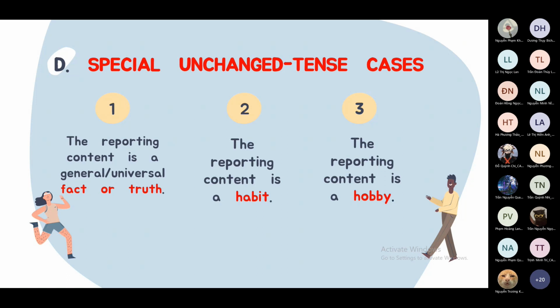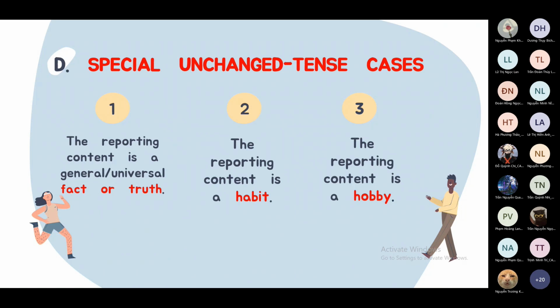First, the reporting content is a general or universal fact or truth, like "The earth goes around the sun," said the teacher, to "The teacher said that the earth goes around the sun." So we do not use backshift in this case because the earth goes around the sun is a general truth that everybody knows and cannot be changed, so we keep it the same.